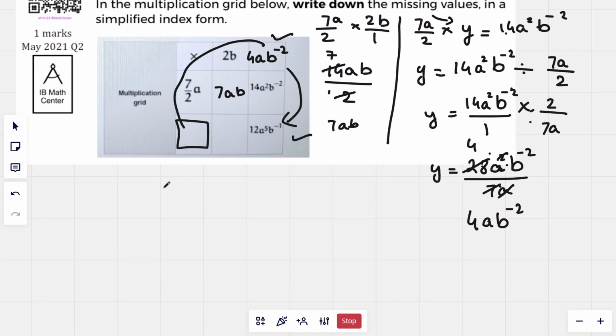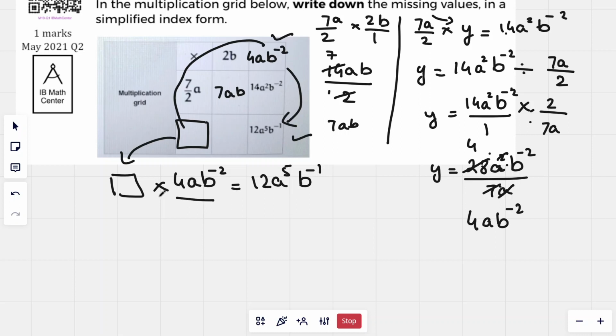So we've got this mystery box that we need to find out what terms are here, multiplied by 4a b to the power negative 2 is 12 a to the power 5 b to the power negative 1. So these terms are multiplying here.